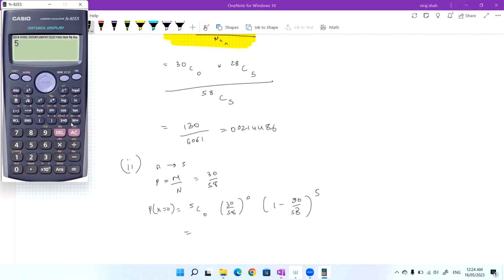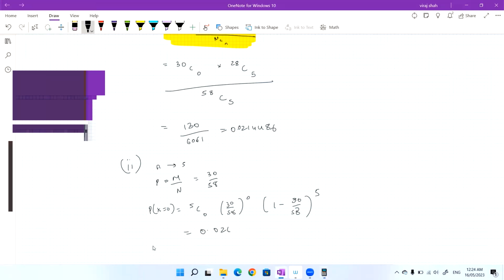So this is 5C0 multiplied by 30 by 58 raised to 0. Anything raised to 0 is 1, but it's okay, I just wrote it. Then 1 minus 30 divided by 58, the whole raised to 5, which comes out to be 0.02622.